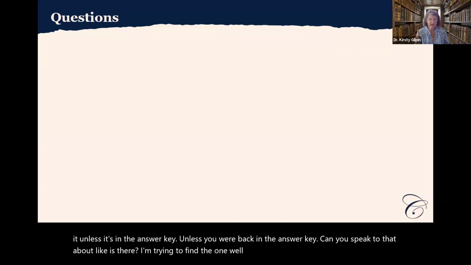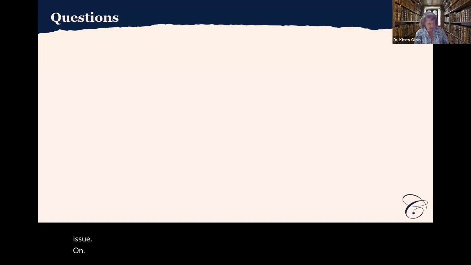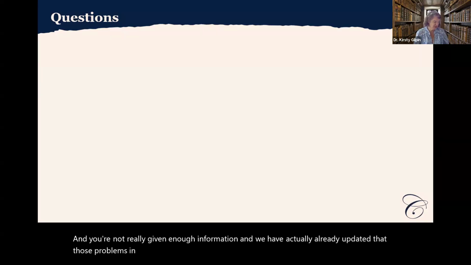I know that we do have one known issue on page 11 and then on page 15 where it says to write the equivalent decimal digits. And you're not really given enough information. We have actually already updated those problems in the next edition.